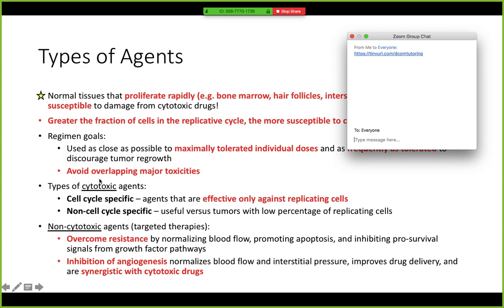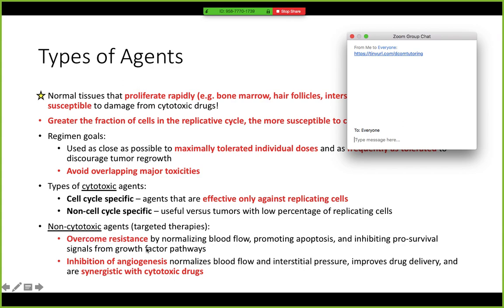So your types of cytotoxic agents, you have cell cycle specific and then non-cell cycle specific. Your cell cycle specific agents are effective only against replicating cells, which makes sense because they're targeting the cell cycle. And then your non-cytotoxic agents are your targeted therapies.